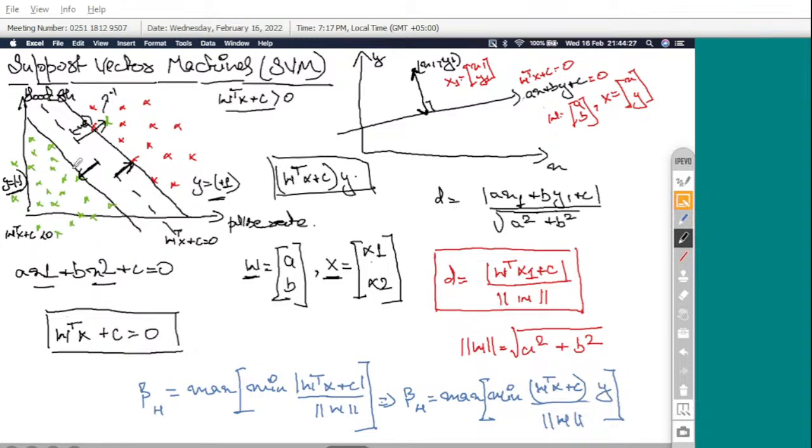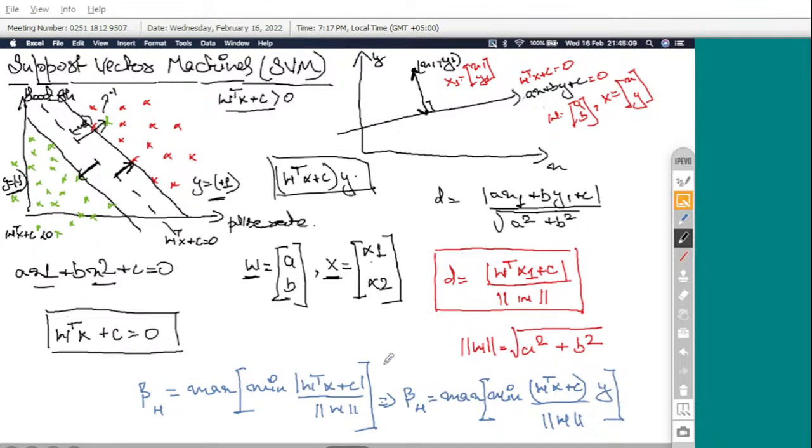But when the direction of the distance needs to be considered, we don't use the absolute value in that case. Here it was absolute because we just wanted the magnitude of the distance. But when the direction of the distance is also important, we won't be using the absolute value, right? Make sense?